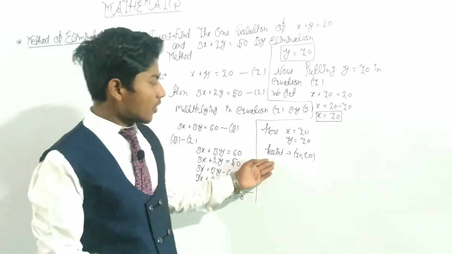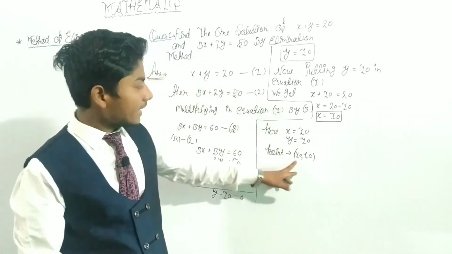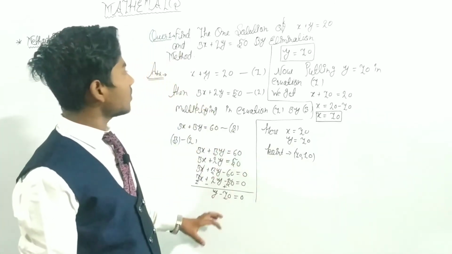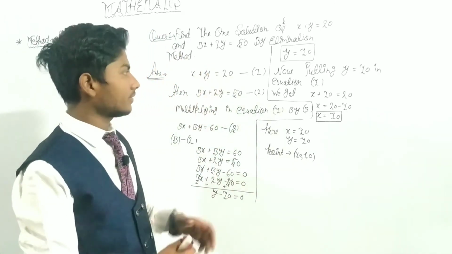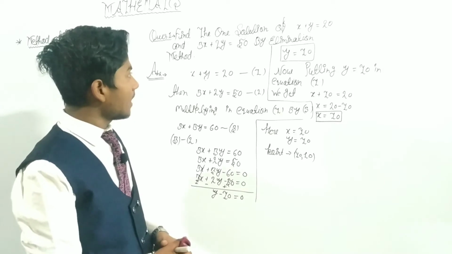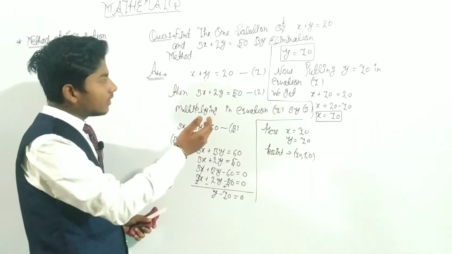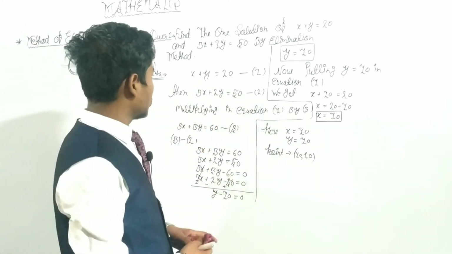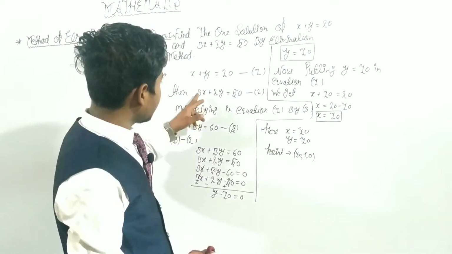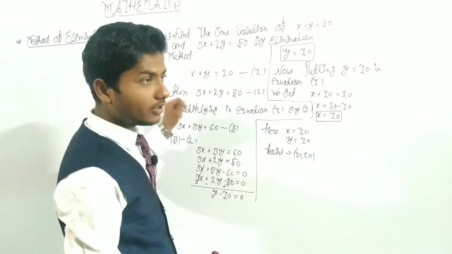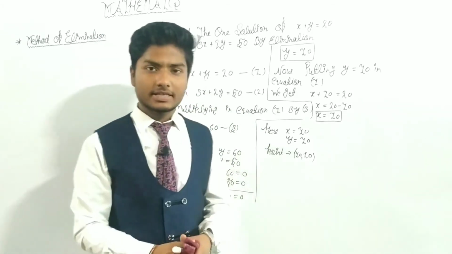So the point (10, 10) is the only solution of both equations. It is not necessary to only eliminate variable x.